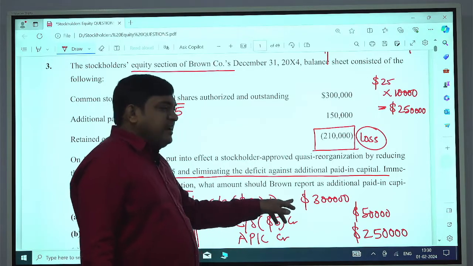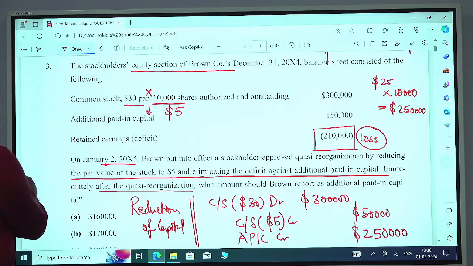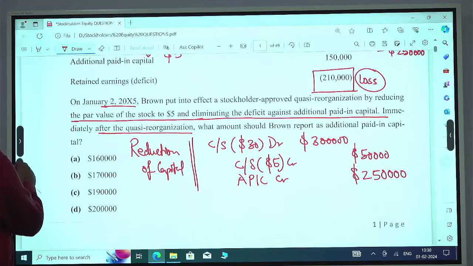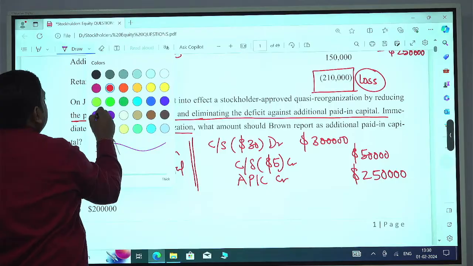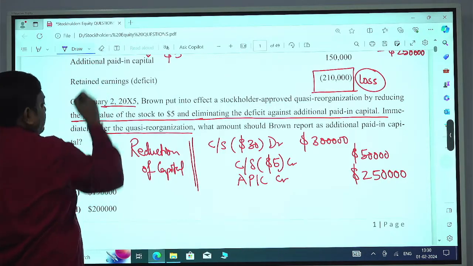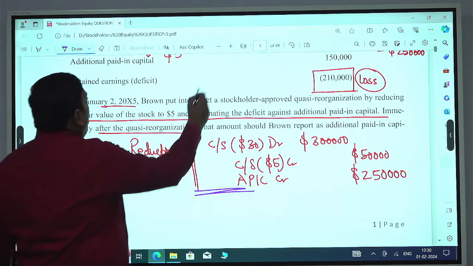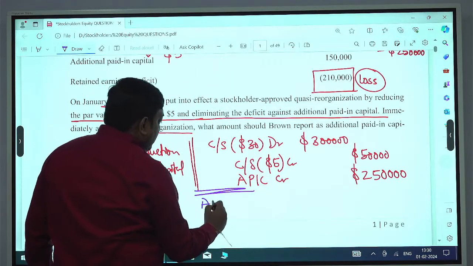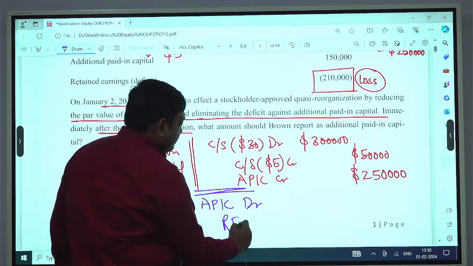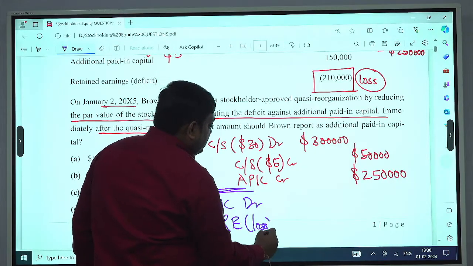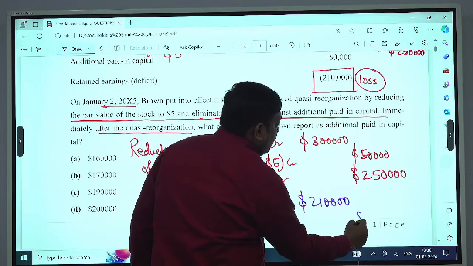So this old capital is debited, new capital is credited, and the difference is additional paid in capital. Now, what next? This loss will be debited to additional paid in capital, and retained earnings loss credited, how much? $210.